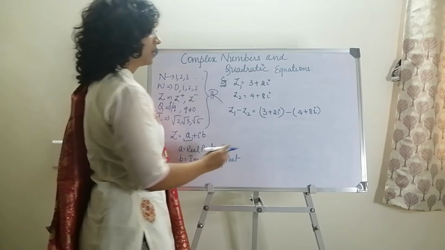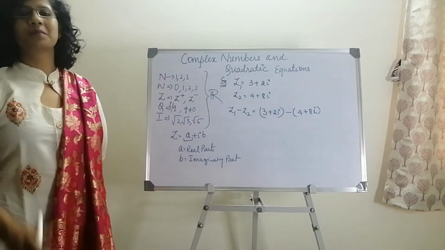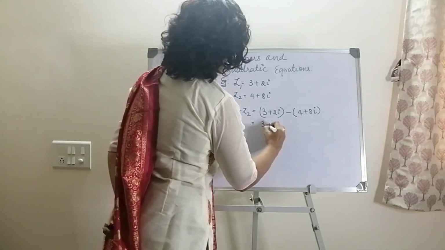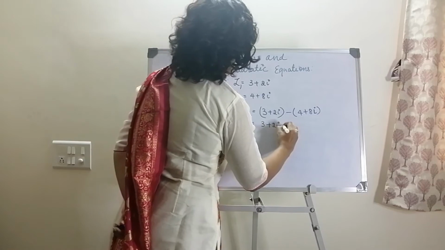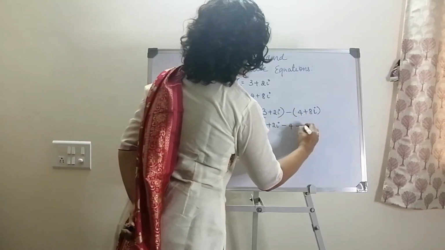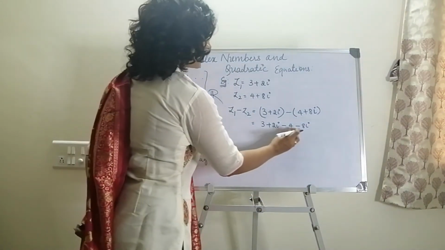Now what would I do? Whenever I have a minus sign outside, I have to open my bracket. So when I open the bracket, I get this as 3 plus 2i minus 4, minus into plus will become minus 8i. Now what will I do? Group my real terms.